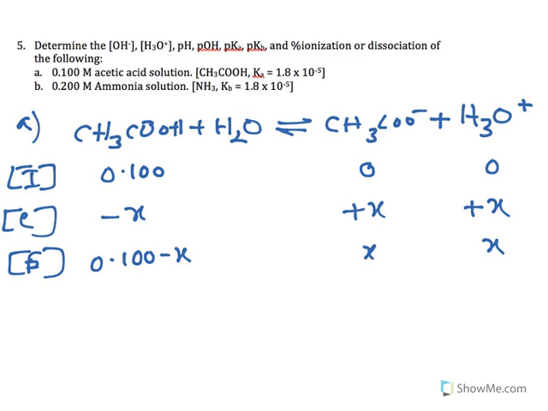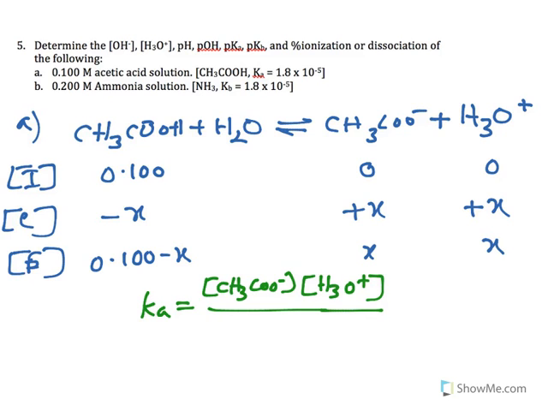Now the next thing we do is use our acid ionization constant, which is Ka. We know that Ka is equal to the concentration of CH3COO-, which is a part of the product, and H3O+ concentration over the reactant concentration, CH3COOH.